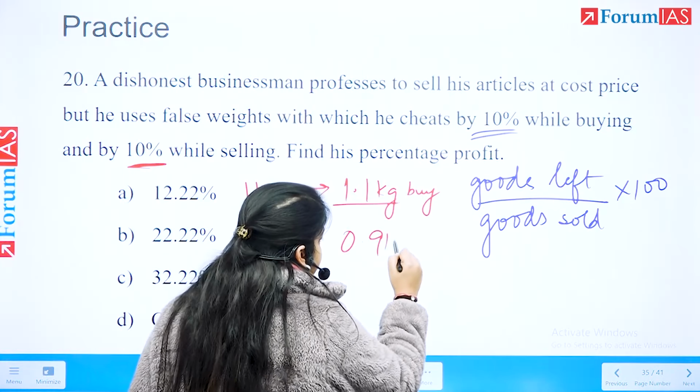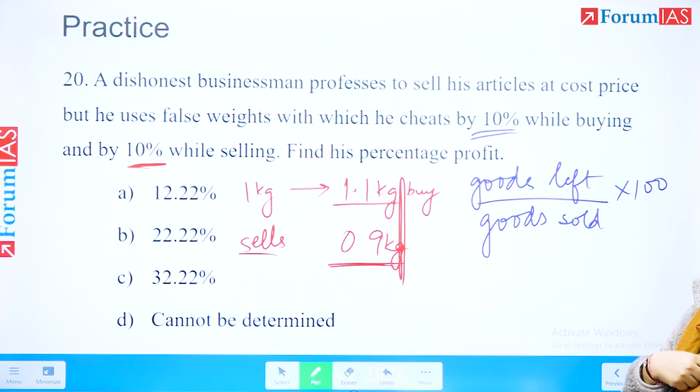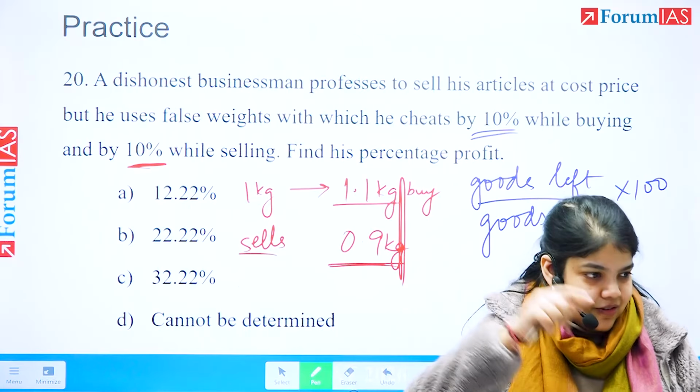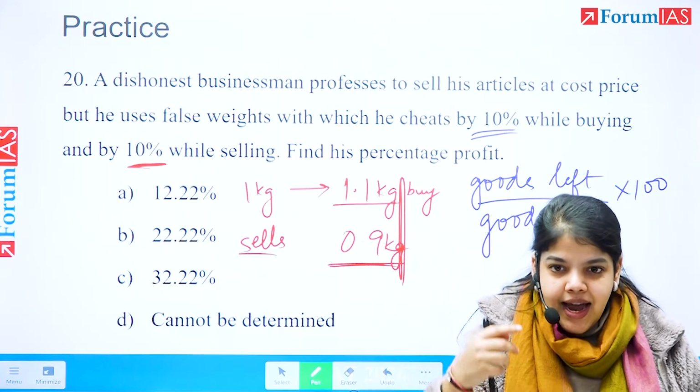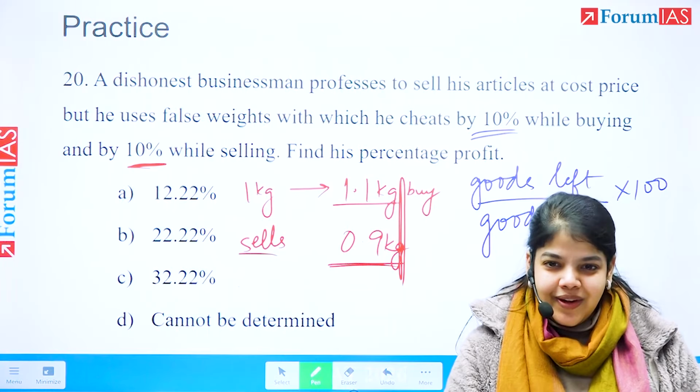So what has he been left with? Goods left. Difference of this is what he's left with. He bought 1 kg. Instead of 1 kg, he bought 1.1 kg. And instead of selling 1 kg, he's selling 0.9. What is he left with? वो बोल रहा है, बोलने को he is saying I bought 1 kg and I sold 1 kg.